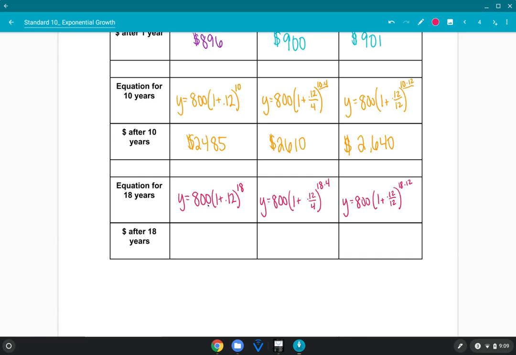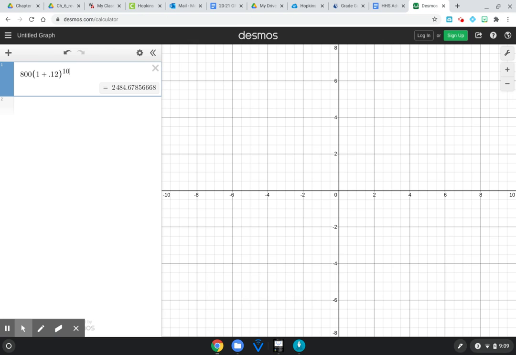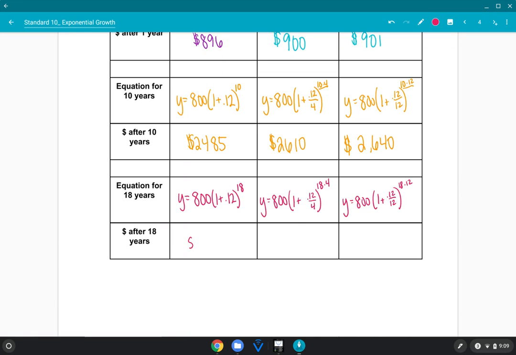So if Mr. Gray uses the one that compounds interest once a year, the whole chunk once a year, George would have, for 18 years, $6,152. $6,152. Now let's do compounding quarterly.